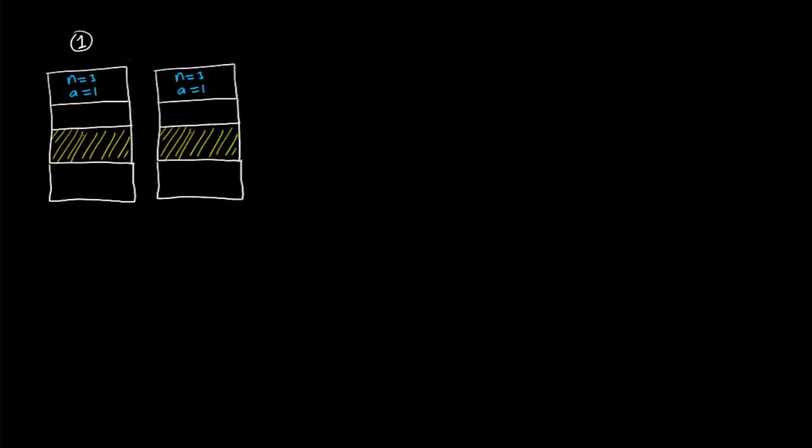We're going to push another stack frame on top, and we do that by passing n equals 2, and a is equal to 3 times 1, so a is equal to 3 here. We're going to have n equals 2, and push a equals 3 here, and tack on another stack frame.